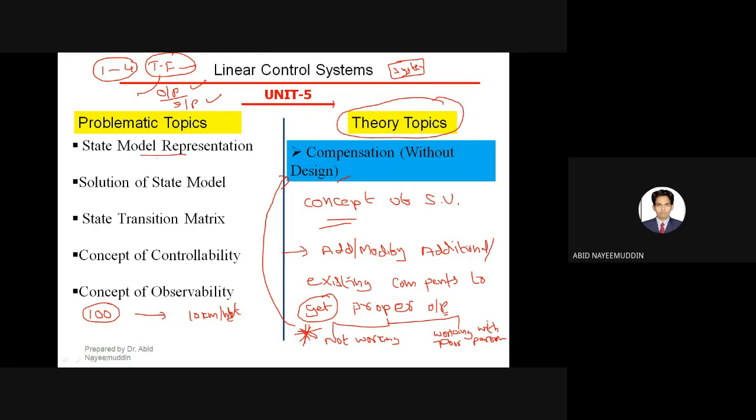What is the concept of state variable? It gives the complete information of each and every variable in a particular system. Suppose, for example, you consider an electrical circuit like this. I am taking the same example I took in the previous classes. Let this be V0 and this be Vin. Your transfer function will give the relationship between V0 and Vin.